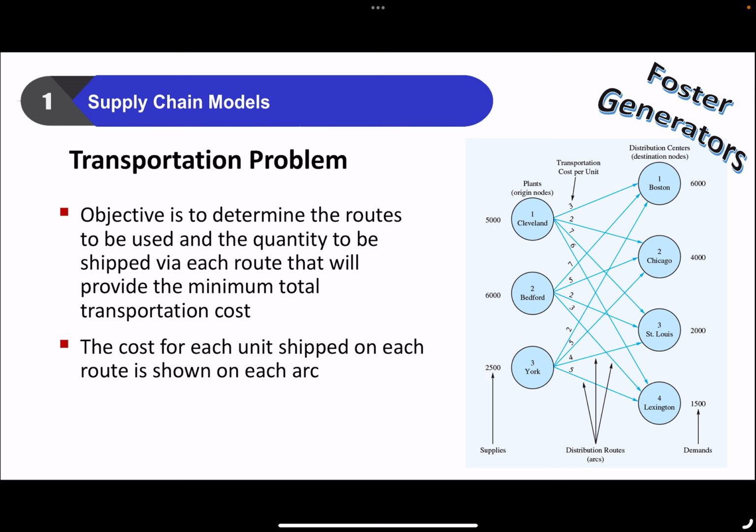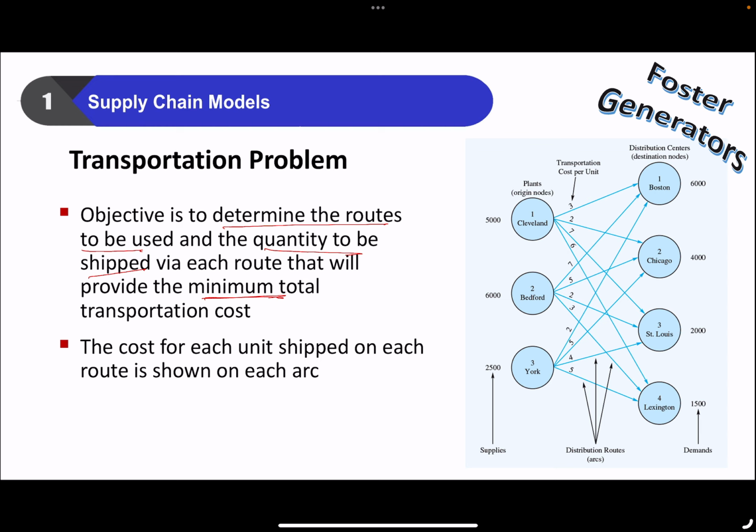The objective is to determine the routes to be used and the quantity to be shipped via each route that will provide the minimum total transportation cost. Again, determine the routes to be used and quantities to be shipped in order to minimize transportation cost.